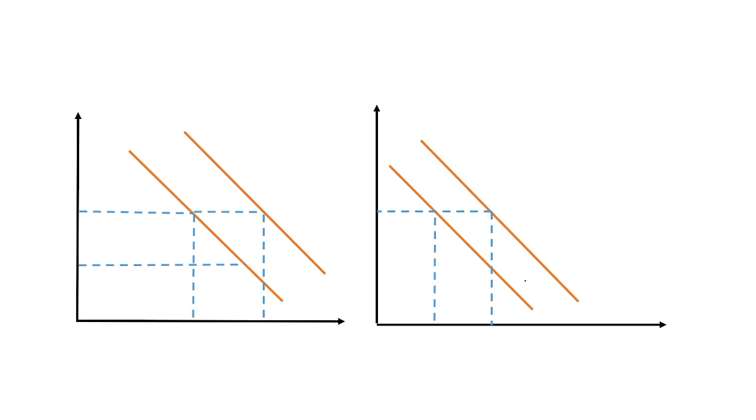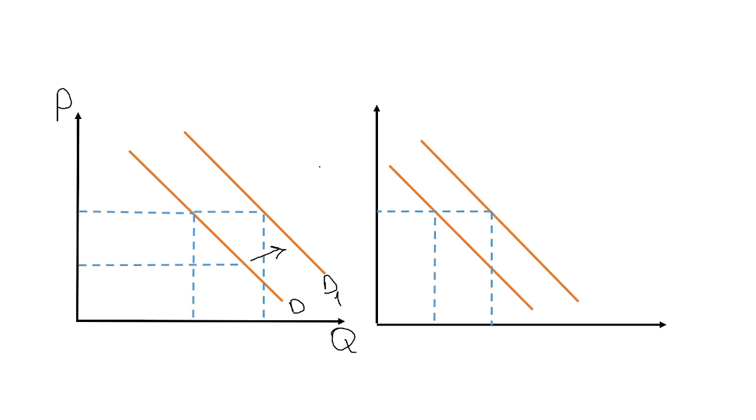But how can we show this relationship by shifting the demand curve? The general rules are not changed. Look here, we again have price on the y-axis and demand quantity on the x-axis. We show an increase in demand by shifting the demand curve to the right.